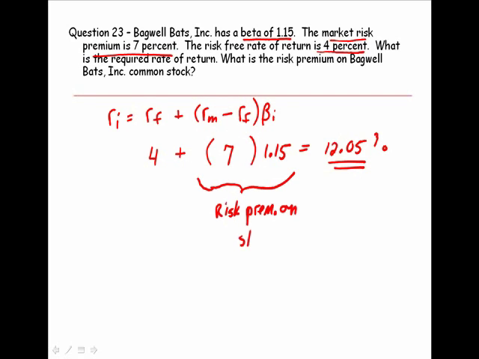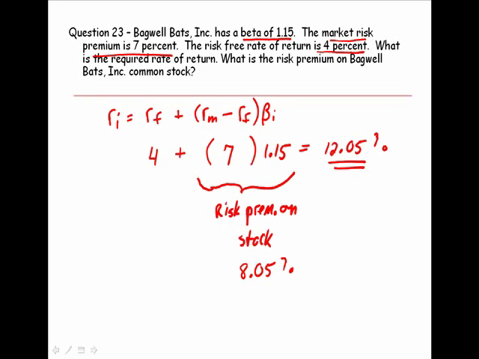And so if we take the 7% market risk premium times the 1.15, we get a risk premium of 8.05%.